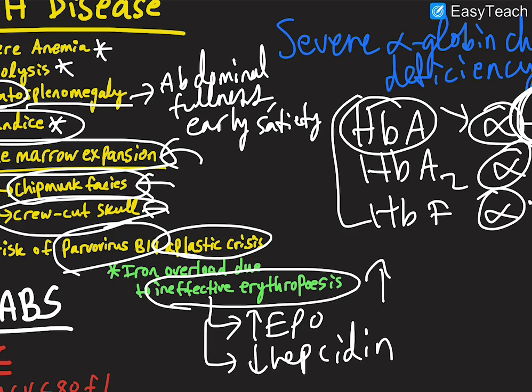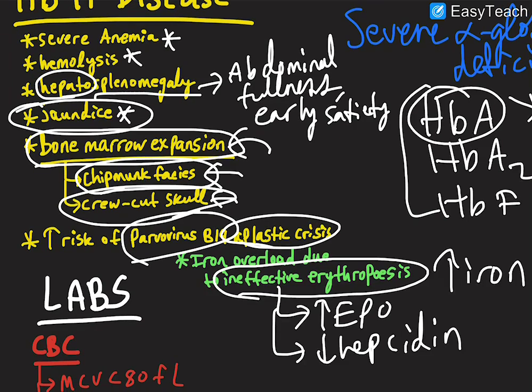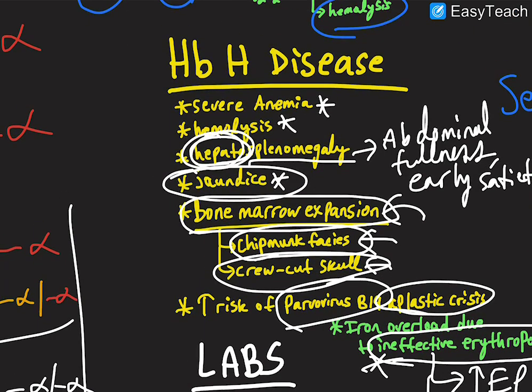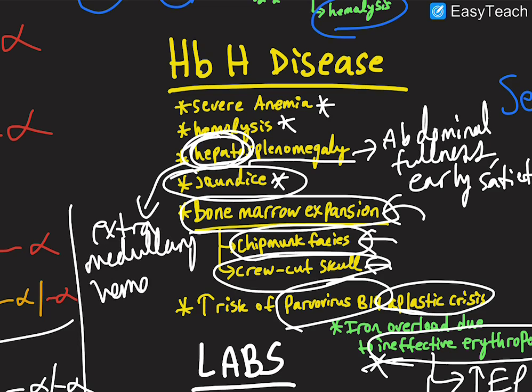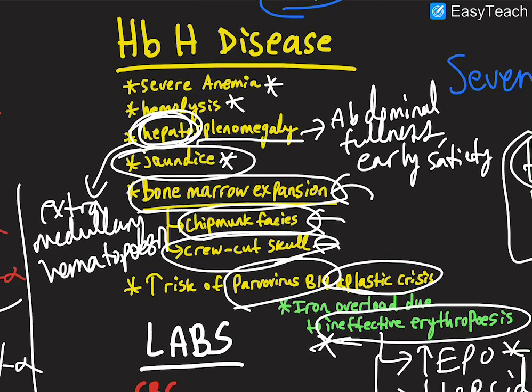So you may see elevated iron levels in hemoglobin H disease. Okay. So that's important to remember too. That's an important relationship to remember between EPO, hepcidin, and ineffective erythropoiesis. All right. And remember, this hepatomegaly that happens is called extramedullary hematopoiesis.